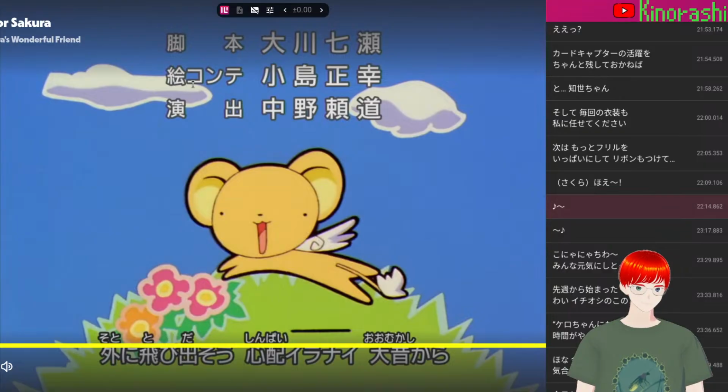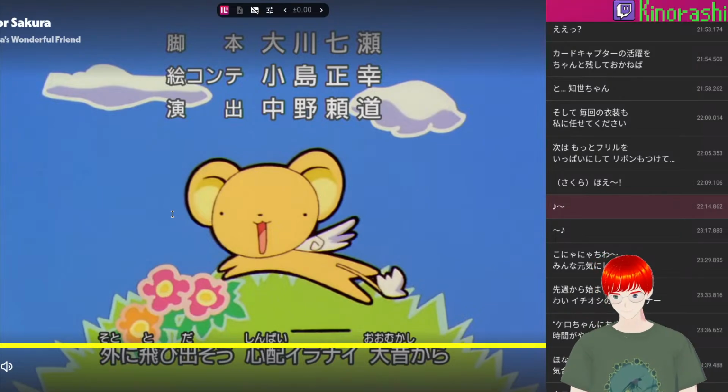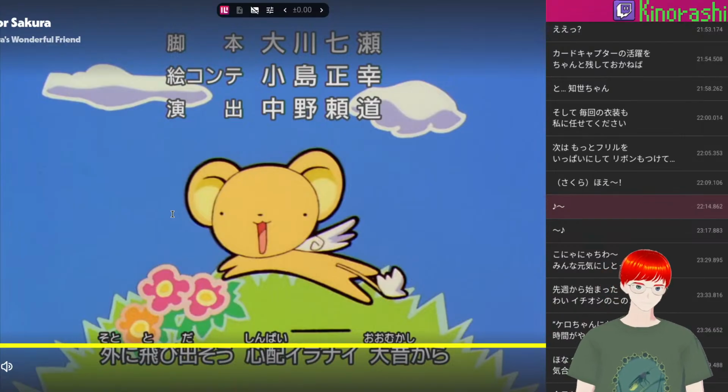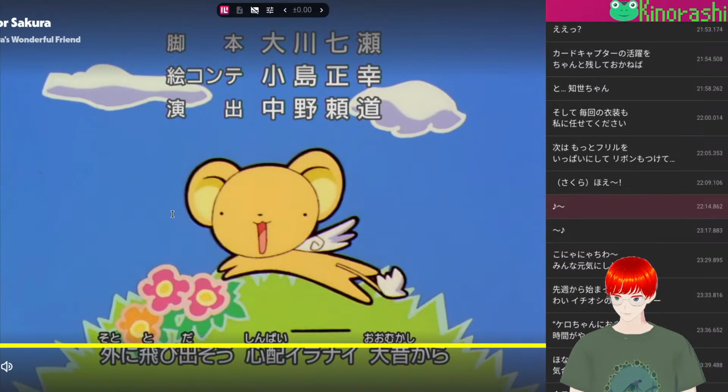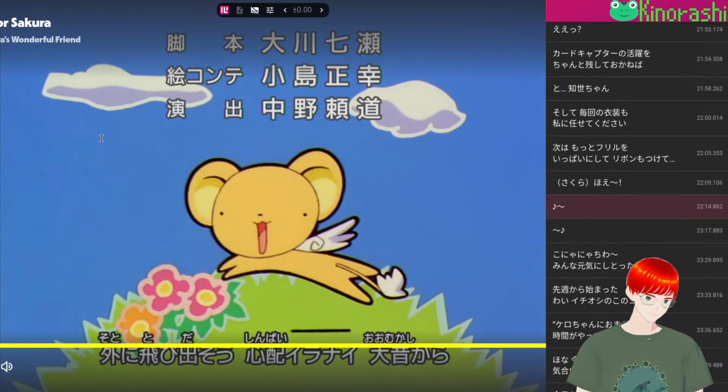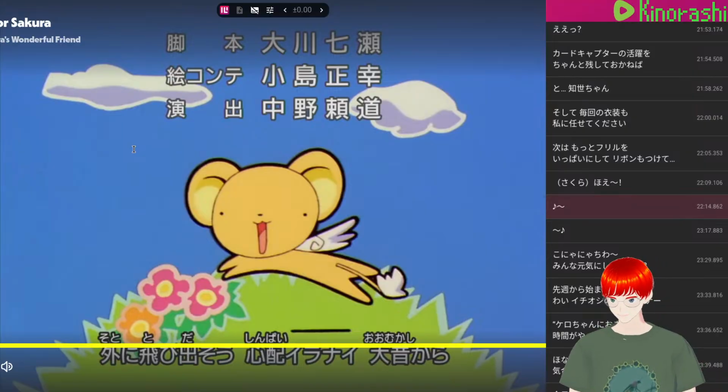Soto ni tobidaso. Shinpai iranai. And then omukashi kara. So no need to worry about dashing outside. I don't think this is a good translation. No need to worry about dashing outside since times immemorial. Let's dash outside. No need to worry since... Let's see.